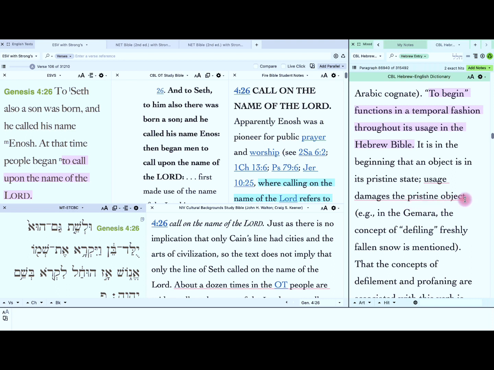So when we read in Genesis 4:26, at that time humanity began, men and women began to call upon the name of the Lord. What the author is saying is that for the first time, and it's important, for the first time, people started to do worship to God publicly as a community.